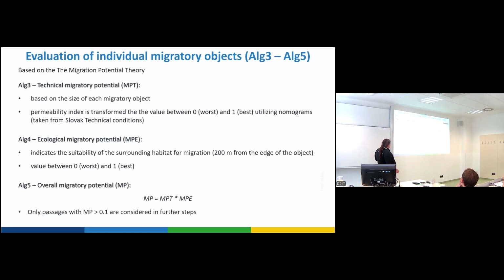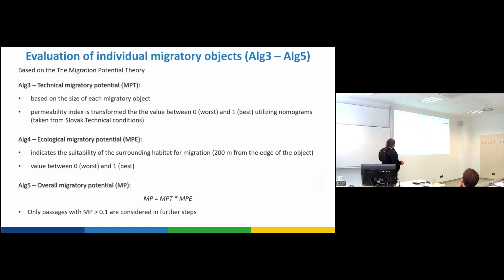And the overall potential is 1 only if both of the potentials are very high.